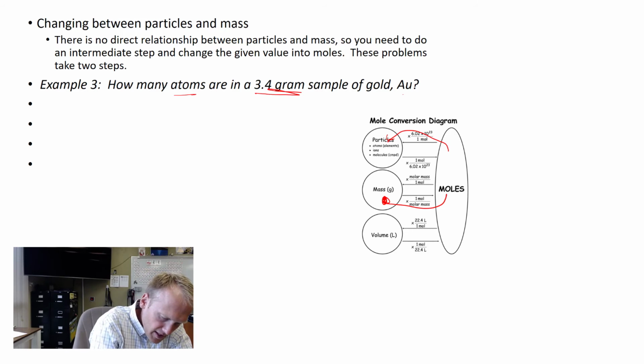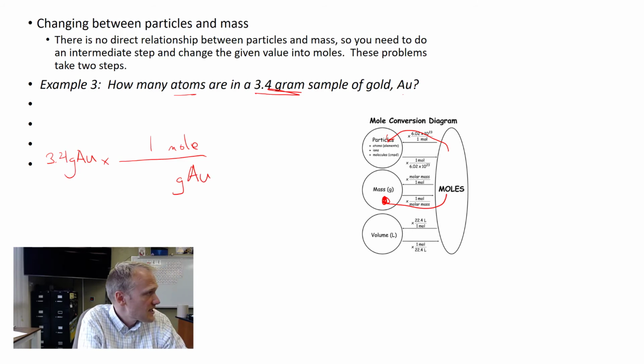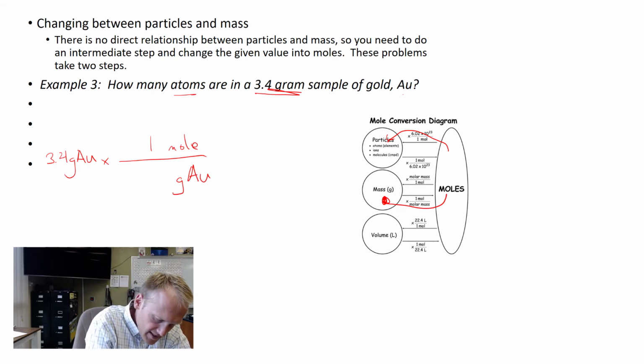Our given is 3.4 grams of gold, which means we're going to do 1 mole over the molar mass of gold, and we can look that up on the periodic table, and it is 197. Then when we go from moles to particles, 1 mole goes on the bottom, and 6.02 times 10 to the 23rd goes on the top.